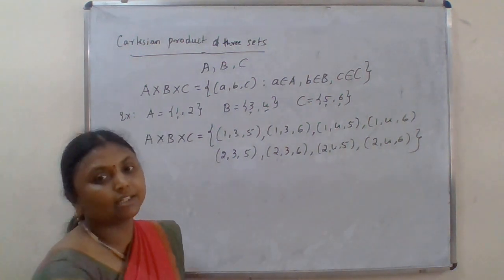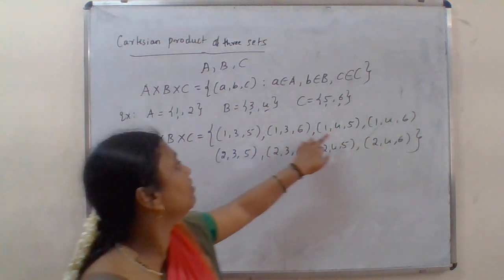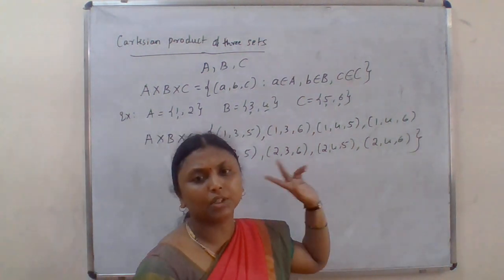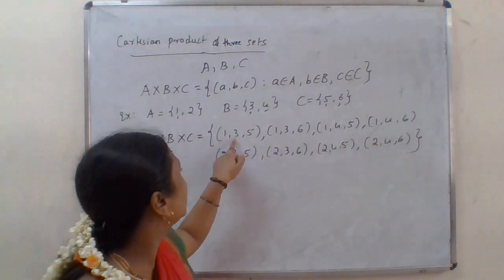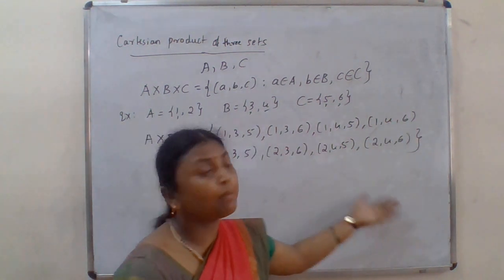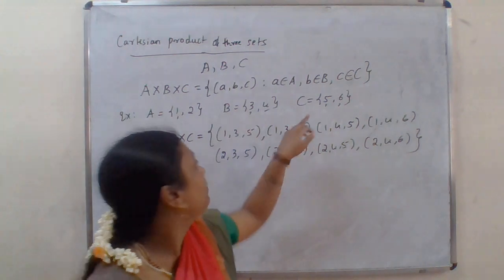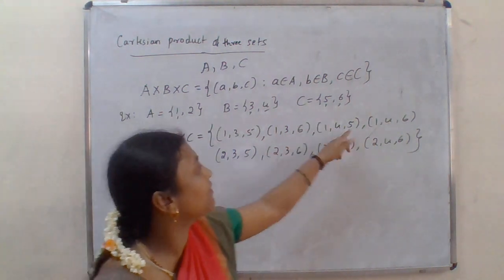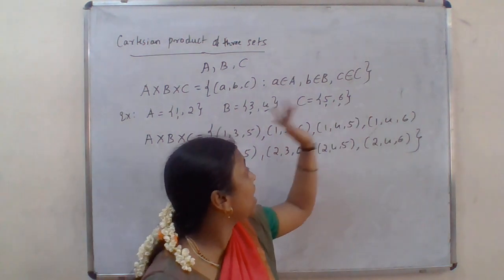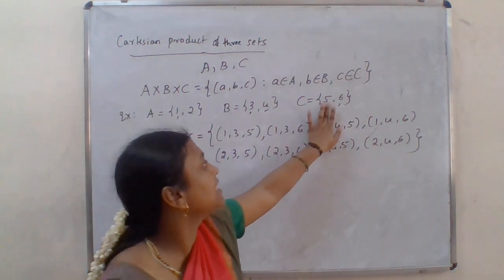So all the elements here: the first elements are 1, 1, 1, 1, 2, 2, 2, 2, which belong to the first set A. The second elements are 3, 3, 4, 4, 3, 3, 4, 4, which belong to the second set. The third elements are 5, 6, 5, 6, 5, 6, 5, 6, which belong to the third set, that is set C.